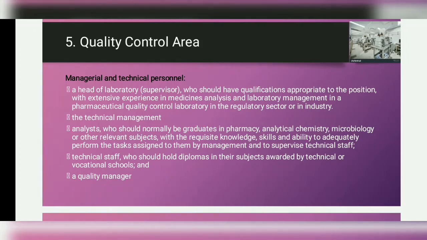The next is technical staff, who have diplomas in their subjects, and the last is a quality manager. So these are the managerial and technical personnel of quality control area: a head of laboratory, the technical management, analyst, technical staff and a quality manager.